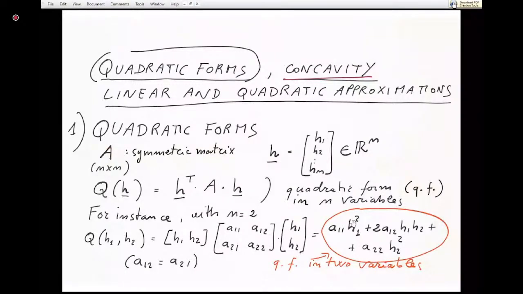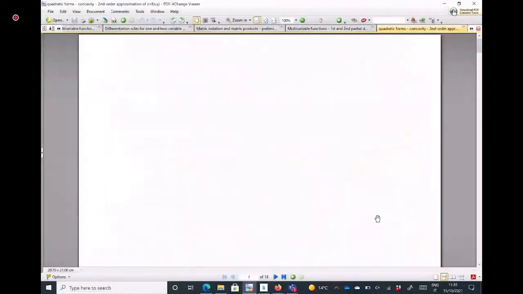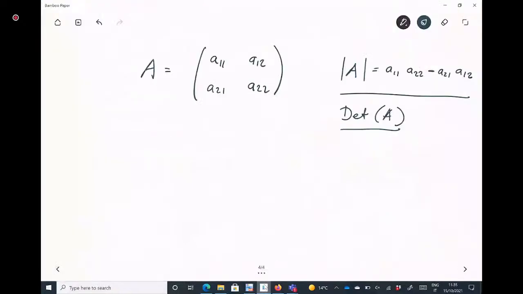A quadratic form can also be a quadratic form in one variable. The only way we can specialize that one variable is the coefficient A times H squared.